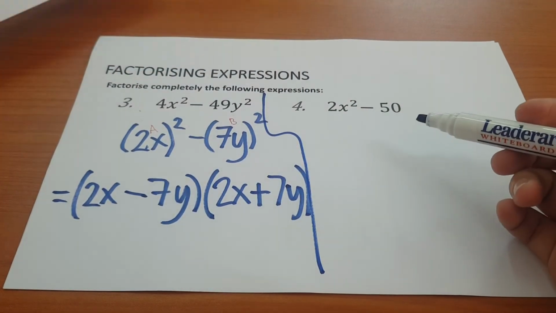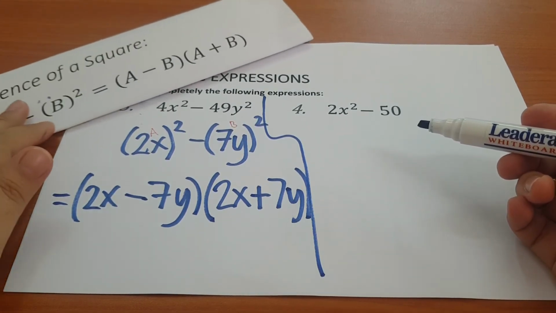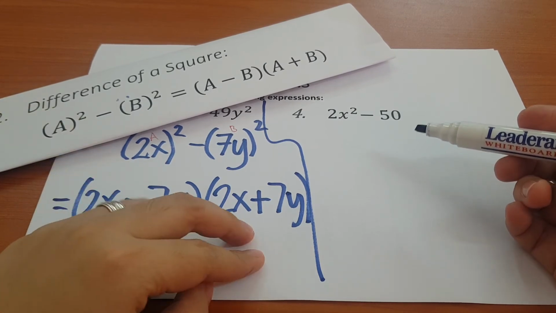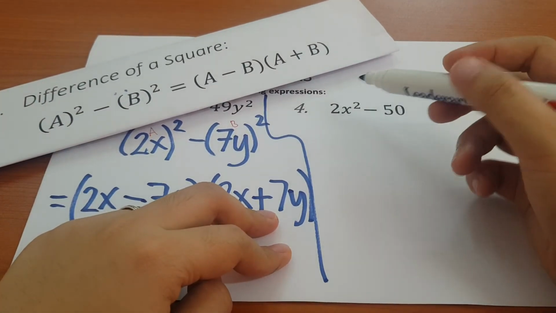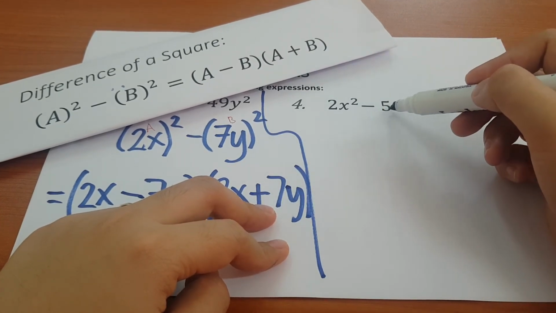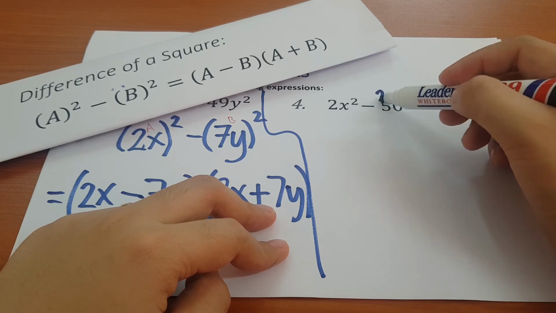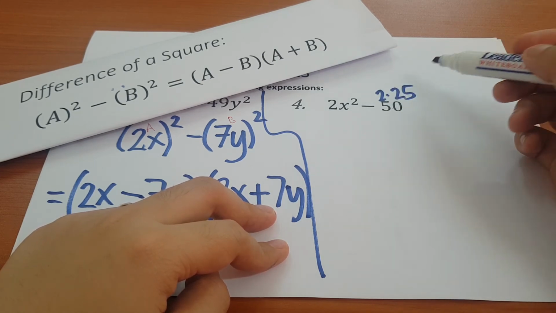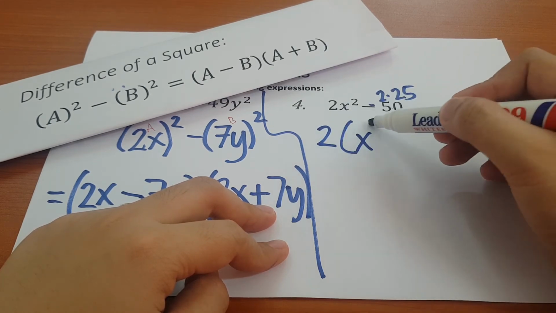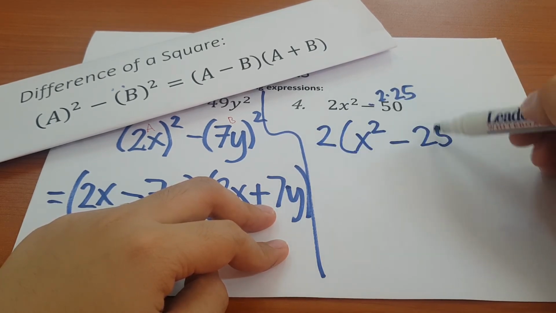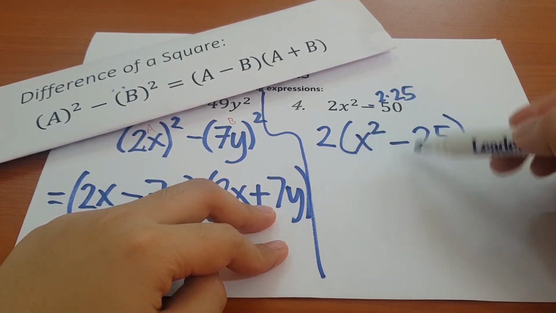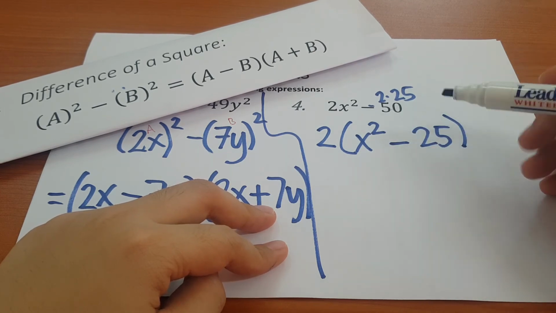Okay, let's have the next one. First, let's check: can we apply the first method here, taking out the common? We have here 2 and we have here 50, right? And we know that 50 is 2 times 25. So I can take 2 as a common. The remaining here is x squared, and the remaining here is 25. But this one, you have to factor completely.